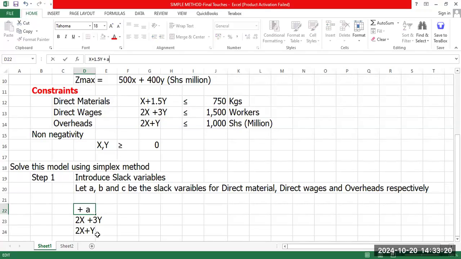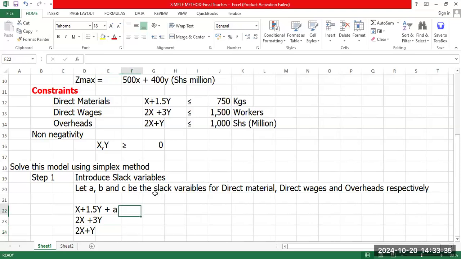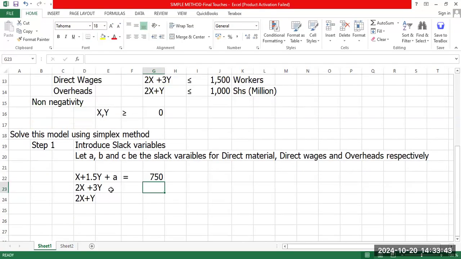Here we are adding A, and we say this is equal to 750.